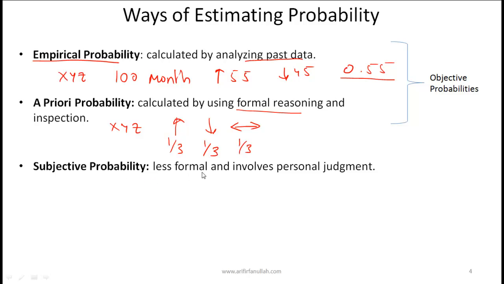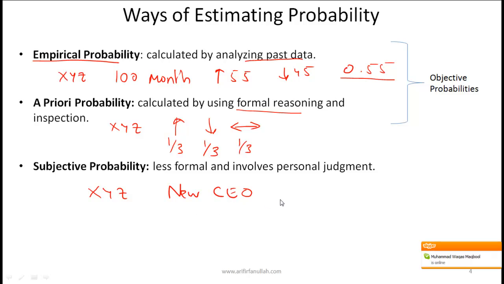Subjective probability is less formal and involves personal judgment. So I might say that, again, XYZ stock, there is a new CEO with a very good reputation, and in my personal judgment, because of this new CEO, the probability of the stock price going up is very high.